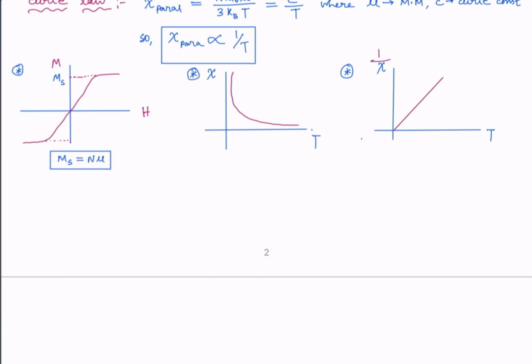Here will be 1 by chi and the slope will be 1 by C, as chi equals C by T. So 1 by chi equals T by C.